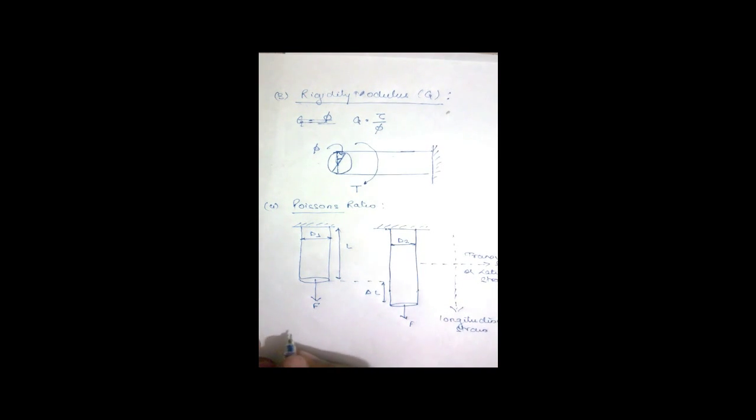To calculate lateral strain, we need to apply a similar approach as the longitudinal strain. In the lateral direction, there is a change in diameter from D1 to D2, and the initial diameter was D1. So that is the lateral strain. And longitudinal strain we have already discussed: longitudinal strain will be delta L upon initial length L.